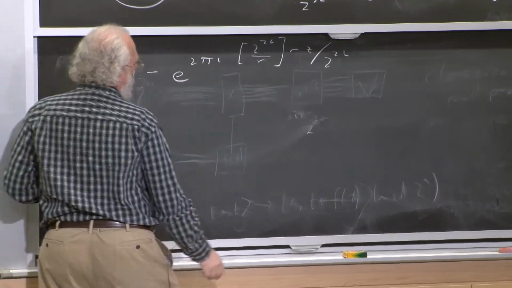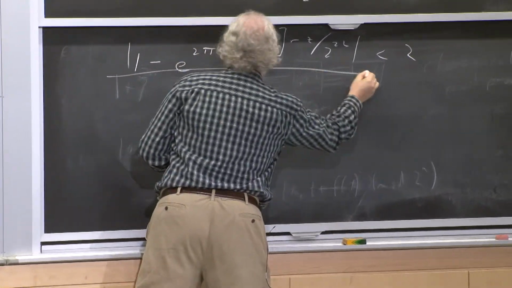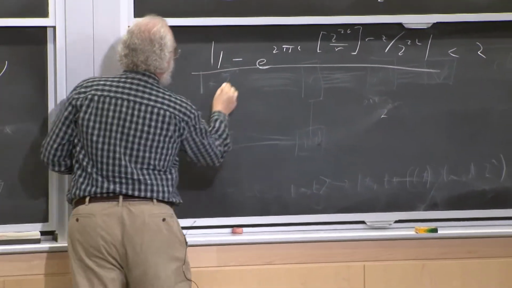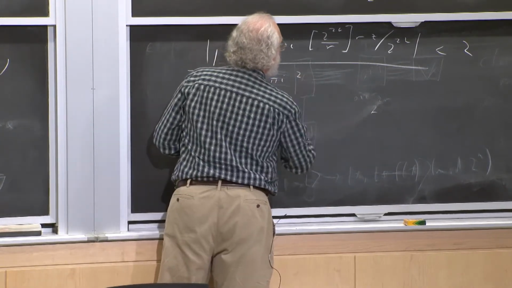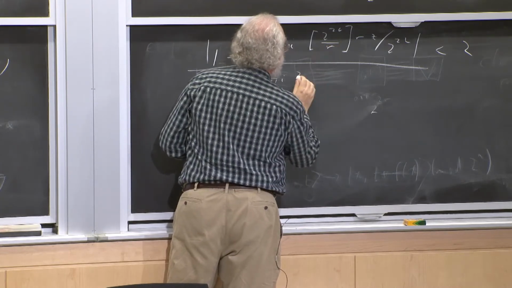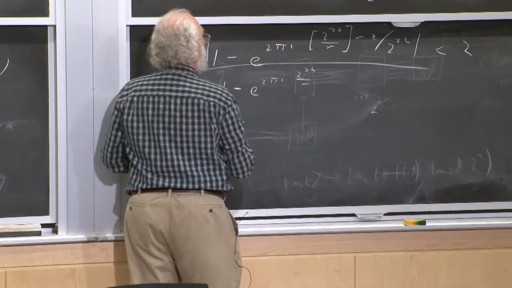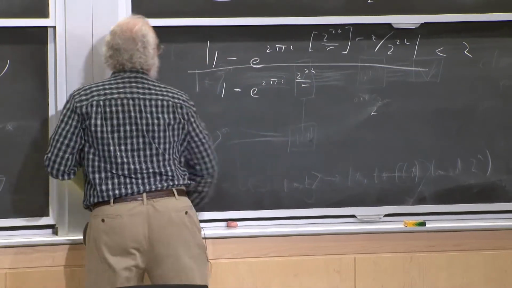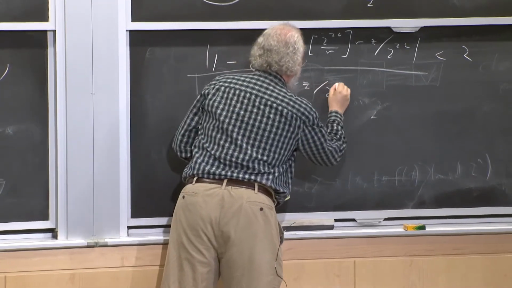So, but it's always less than 2 in absolute value. And we're dividing that by 1 minus e to the 2 pi i rz over 2 to the 2L.